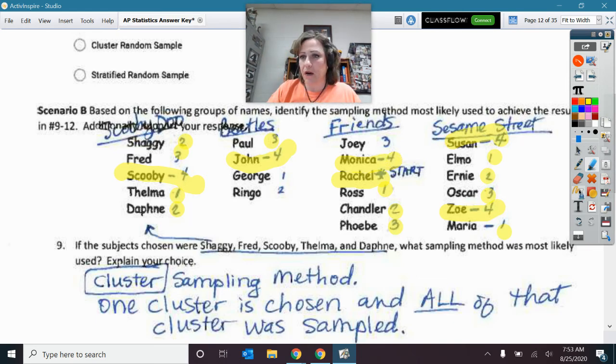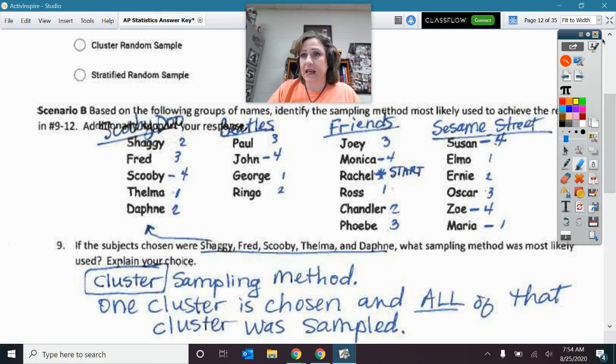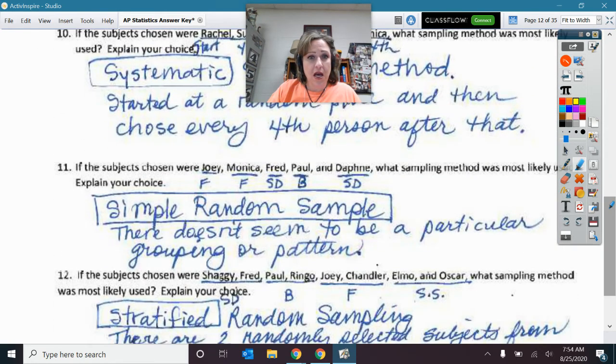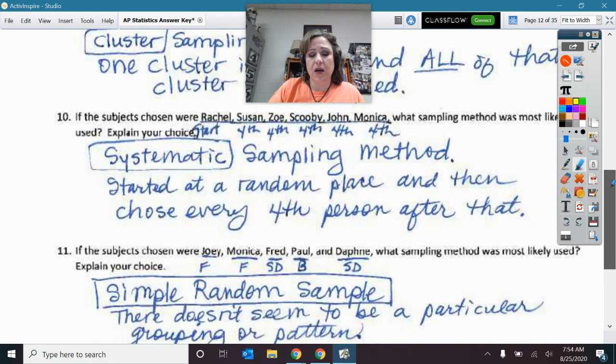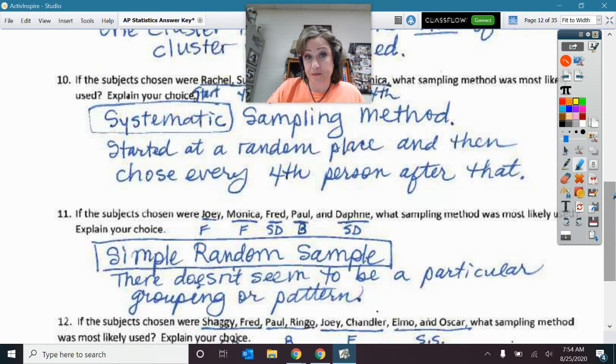Okay. All right, let's see what the next one was here. Okay. Oh, Joey, Monica, Fred, Paul, Daphne. So I couldn't tell any rhyme or reason to who was chosen here. There were 2 from Friends, one of them from Scooby Doo, one from, so see, there was even a different amount. 2 from Friends, one from Scooby Doo, one from the Beatles, and oh, actually, I guess there were 2 from Scooby Doo.